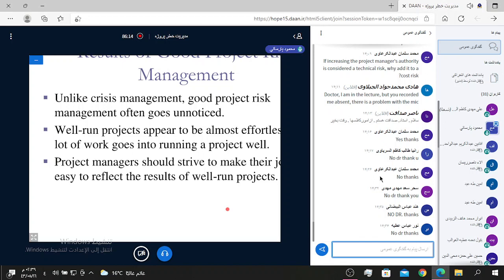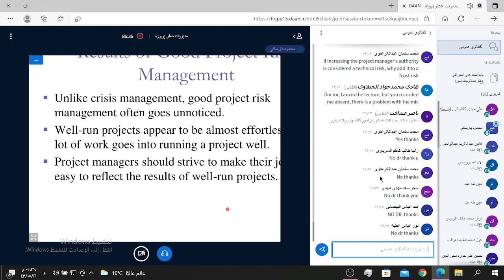It's very important. But sometimes, in Iran and Iraq alike, some project managers are not experts. The selecting of suitable and expert managers in the project is very important.